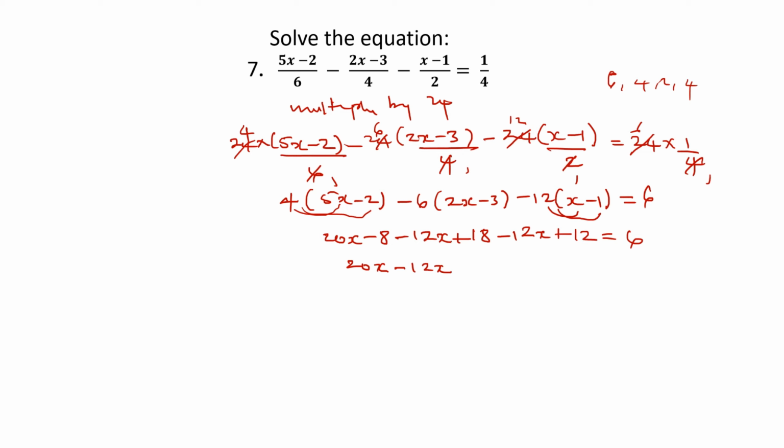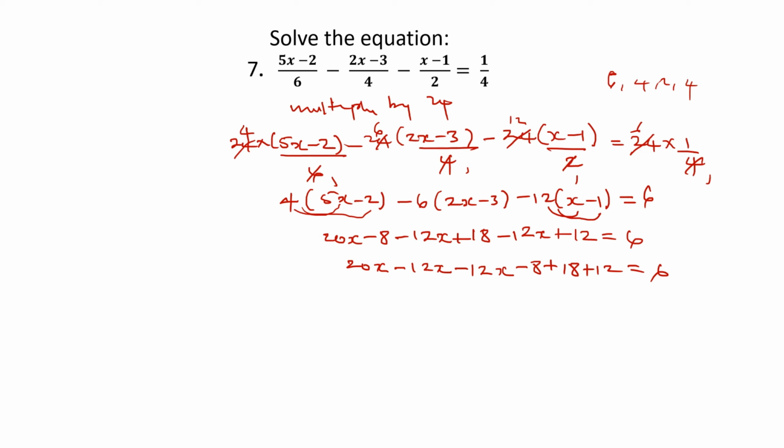It's negative in front of it, so bring the negative 12x again. And then we bring the numbers together. We have negative 8 as it is. We have positive 18. And then positive 12. All is equal to 6.